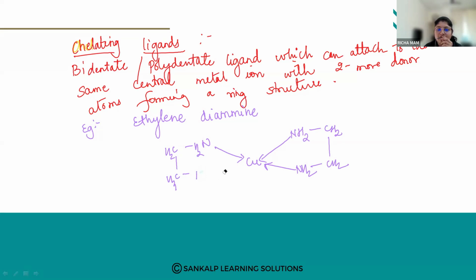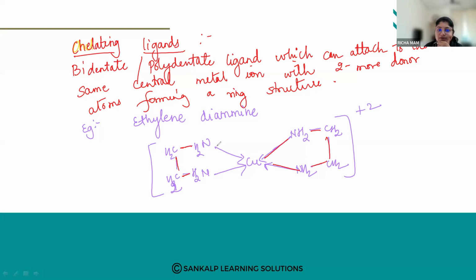Sorry, this should be H2N, and this will be linking. So what is this forming? This is forming your ring-like structure. You can see the ring it is forming. It is forming a ring-like structure, right?